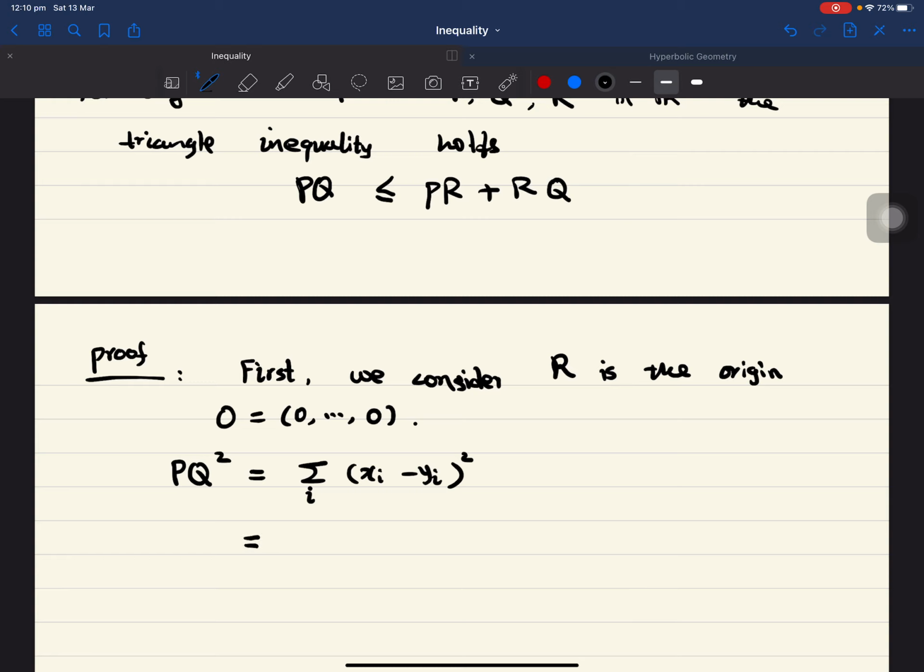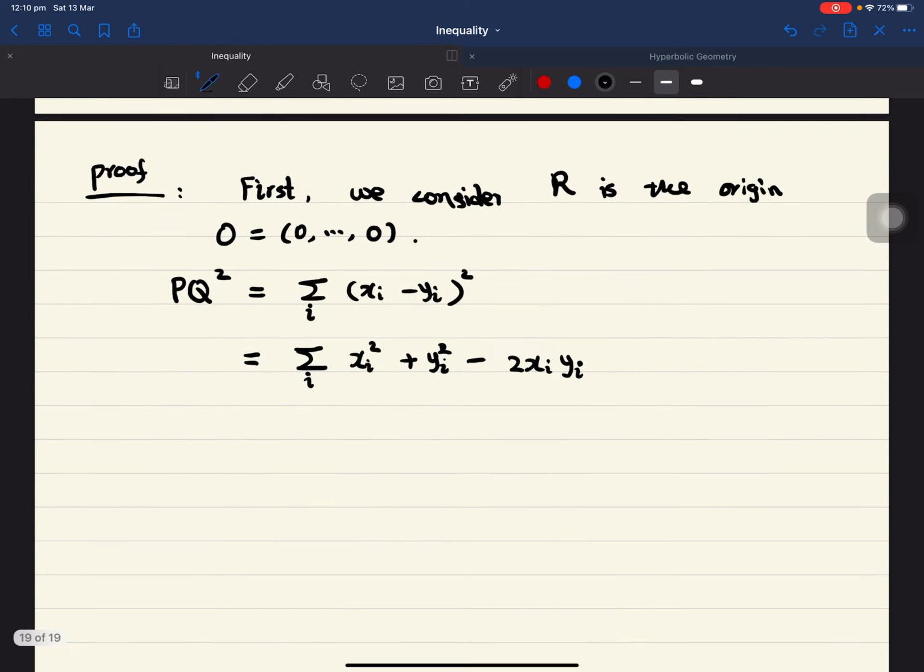We expand the bracket: the sum of xi squared plus yi squared minus 2xiyi.